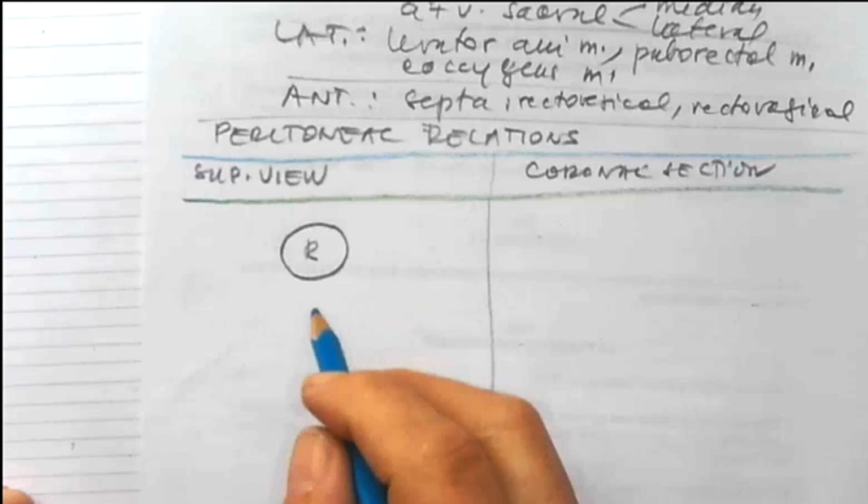Moment, we have to draw the median plane, and we have to draw also some levels. Yes, it would be like that. And we need also the attachment of the anal canal and also the floor. It would be like that. Good.